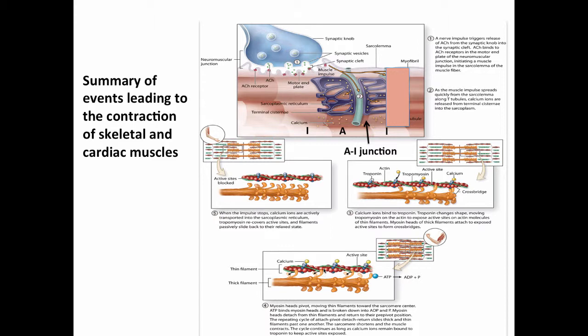Once this movement is finished, another ATP molecule will bind to the myosin head, causing the myosin head to detach from the actin filament. ATP is hydrolyzed to ADP and Pi, and we return to the resting state of muscle contraction.